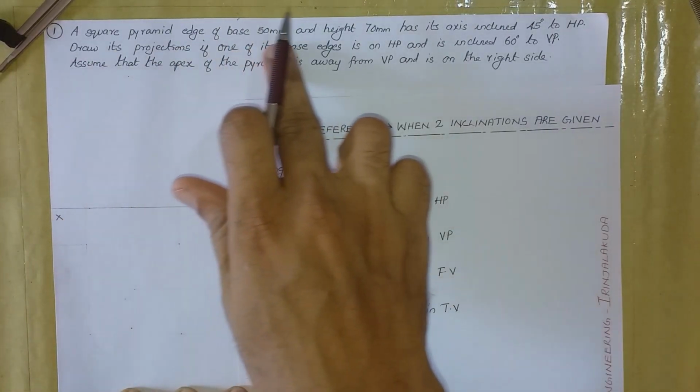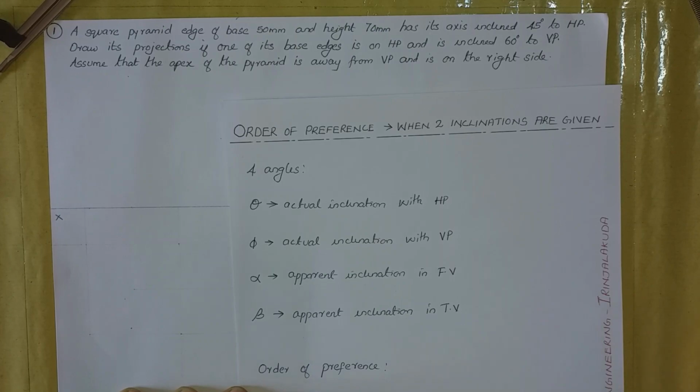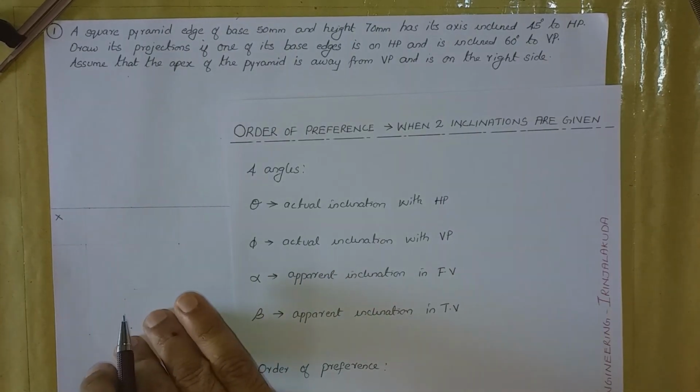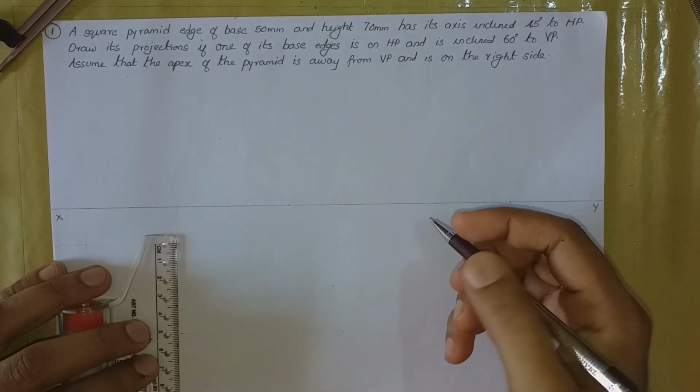And what is the base shape of a pyramid? Base shape of a pyramid is a square with two diagonals. So let us start it from this top view. So initially we shall draw the top view with 50 mm base edge.